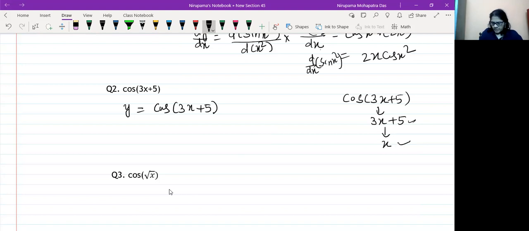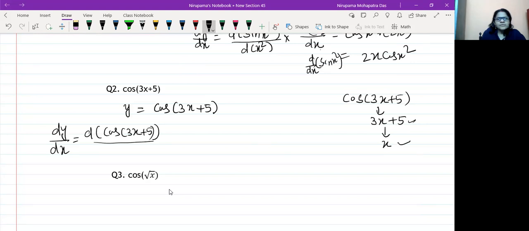Now dy by dx is the derivative of cos 3x plus 5 with respect to 3x plus 5, into the derivative of 3x plus 5 with respect to x.